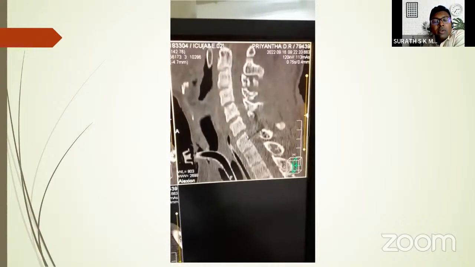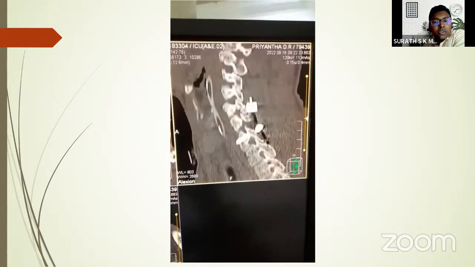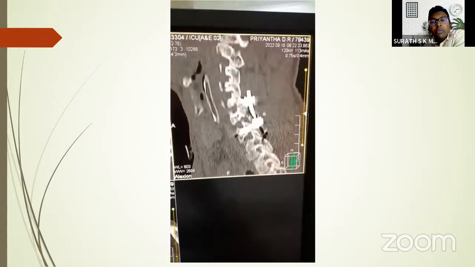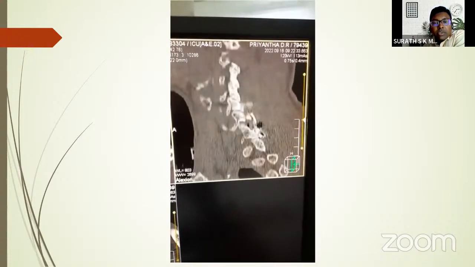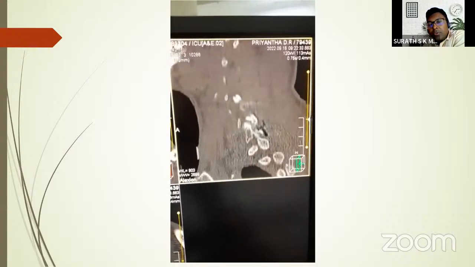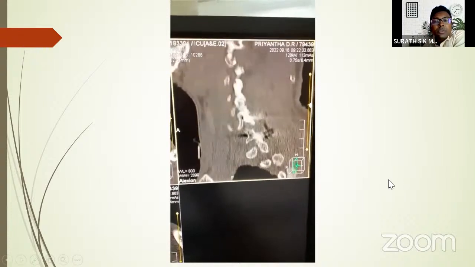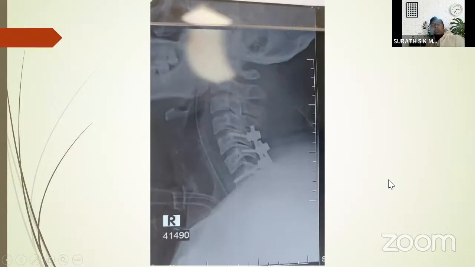Lateral mass screws are not available in the hospital, so the patient has to buy them, whether it is the lateral mass or the pedicle screws. Most of the patients find it difficult, so we have to use the minimum number of screws. So this is what we did: C2, 3, 4, 5, 6, 7, C6-7.